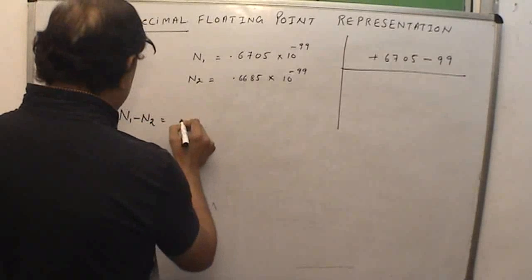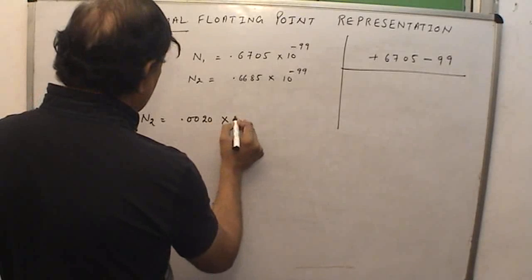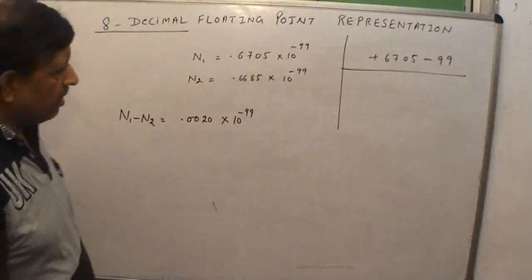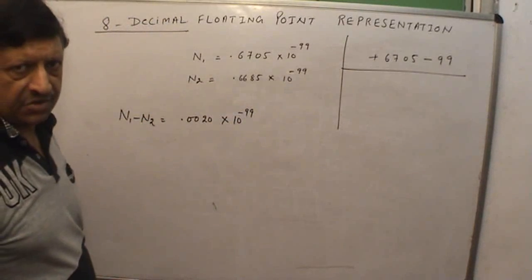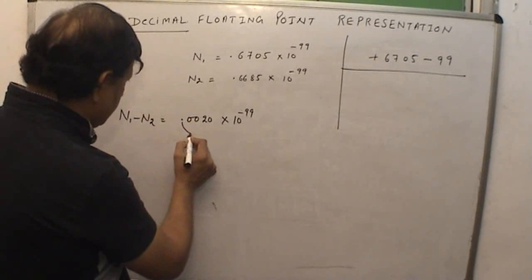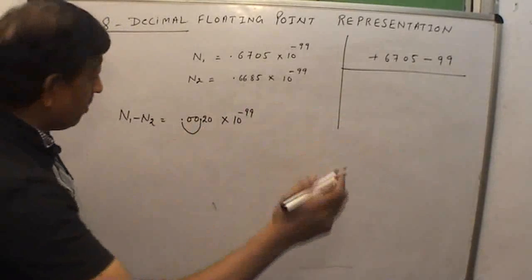Then it will give 0.0020 into 10 raised to the power minus 99. But it is not in the 8 decimal floating point representation. For that, we will have to shift this decimal two places to the right hand side.